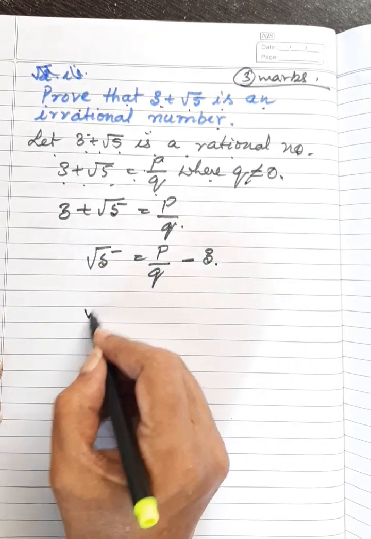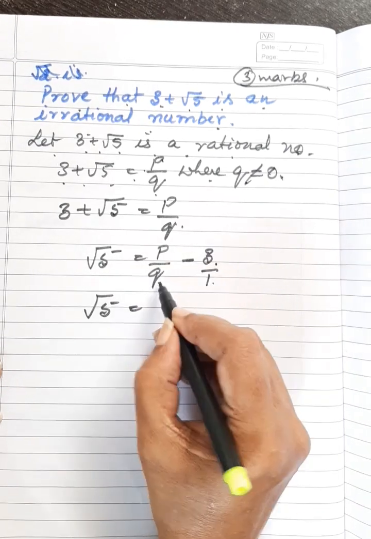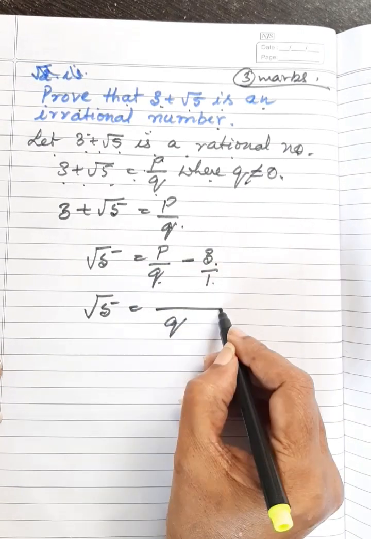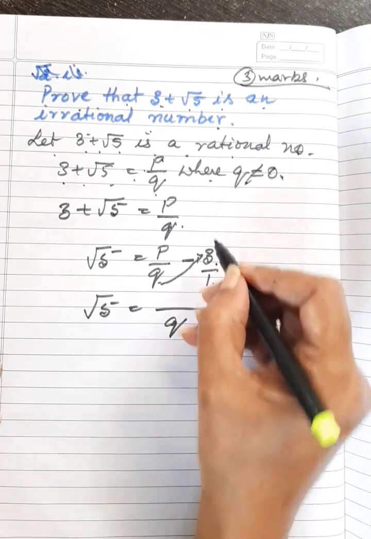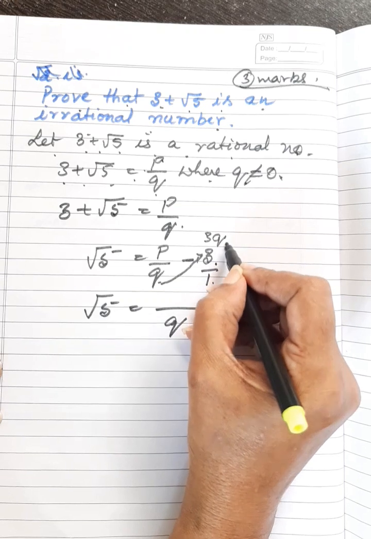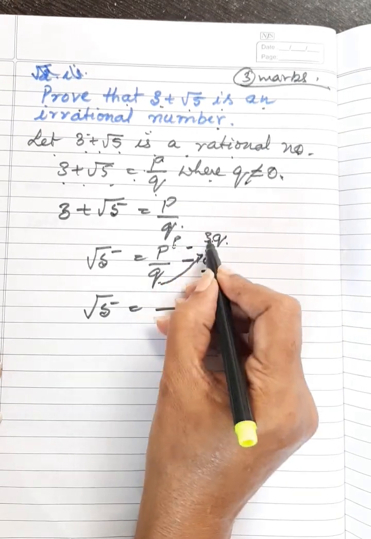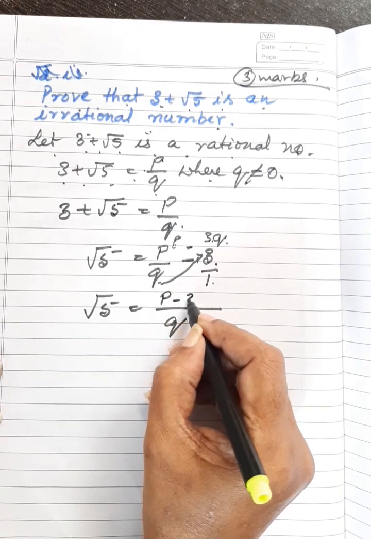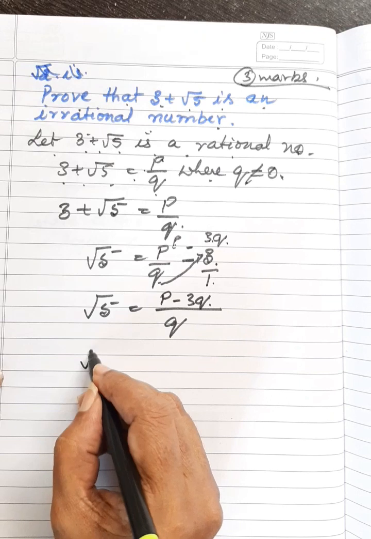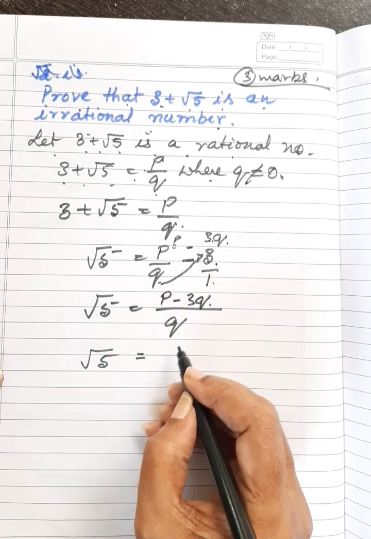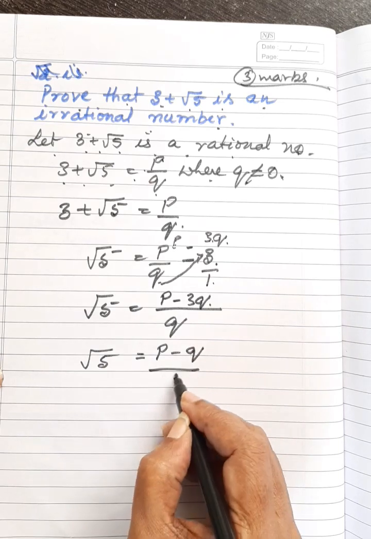Now root 5 is equal to, take LCM, you will get Q. Now this and this you multiply: Q, 3Q. And this and this you multiply: P. In between, this sign is minus: P minus 3Q. Easy method, this one. Understood? Now root 5 is equal to P minus 3Q by Q, you got.